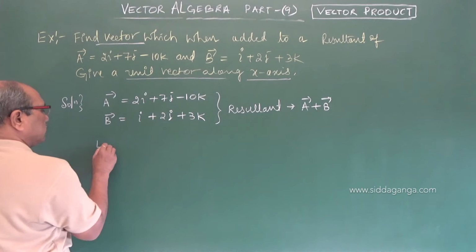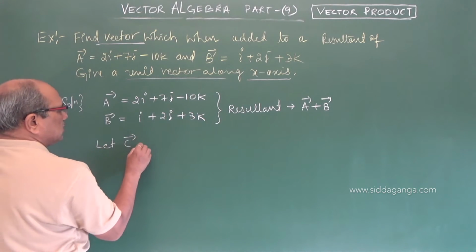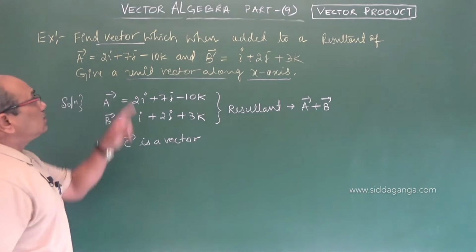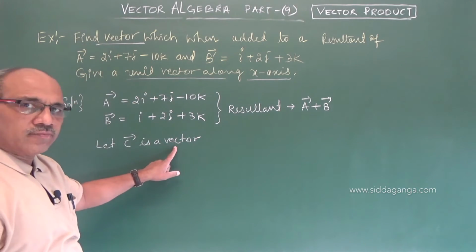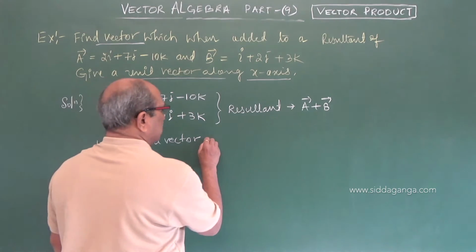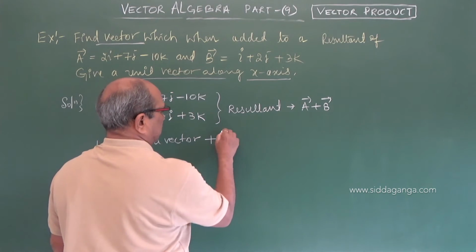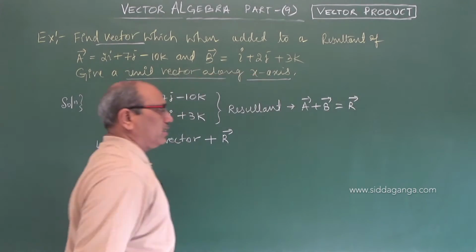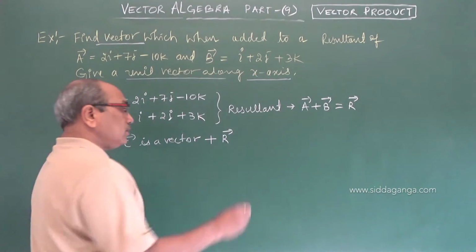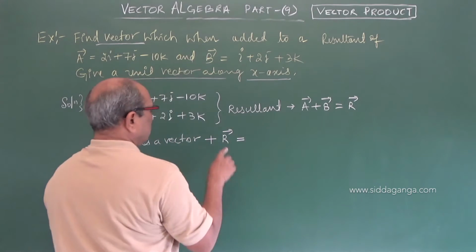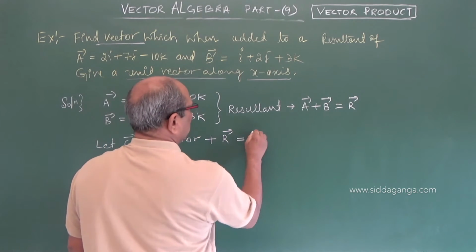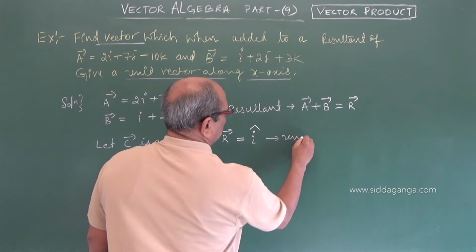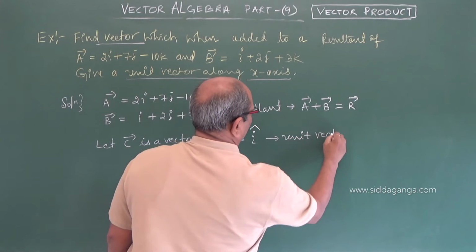So you have to find a vector which, when added to the resultant, gives a unit vector. Therefore assume C is a vector. I consider C as a new vector which is added to the resultant vector A plus B. This gives you the unit vector along x-axis.